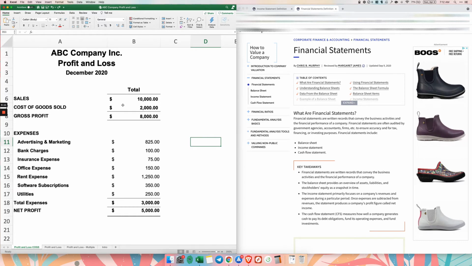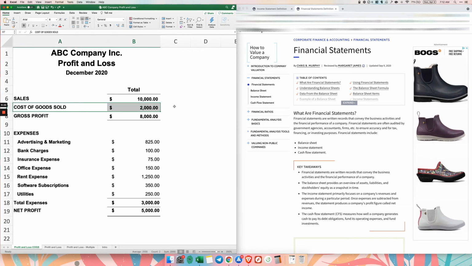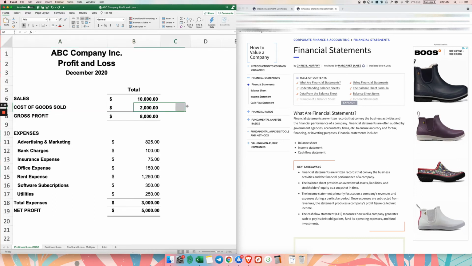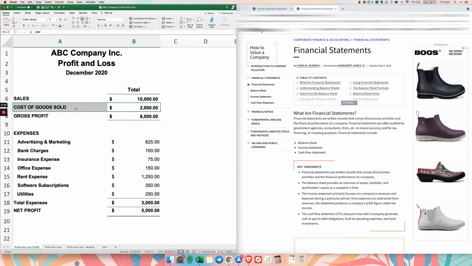With the graphic design t-shirt business, let's say you bought 2,000 pieces of t-shirts for $2,000, so it's $1 each. This is where you'll see that in your income statement: the cost of the t-shirts that you sold, not how much you sold them for, but how much you bought them for.